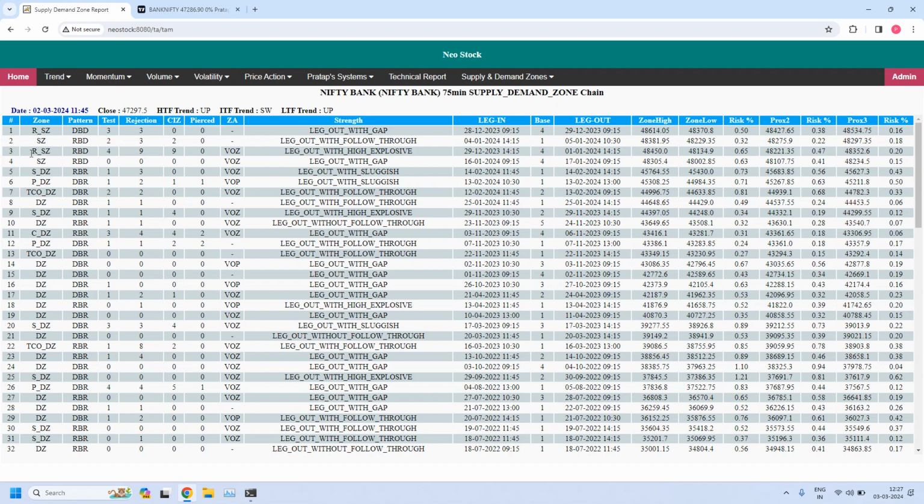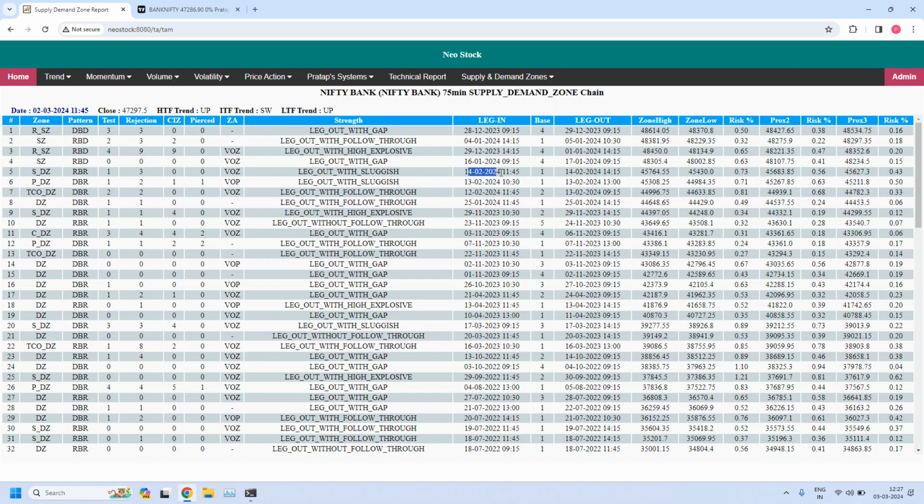And the third one, again we have a 75 minutes high liquidity supply zone. The fourth is a supply zone, a normal one. So where is this fifth one? Probably this is the one we got the trade.